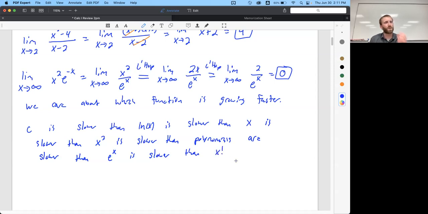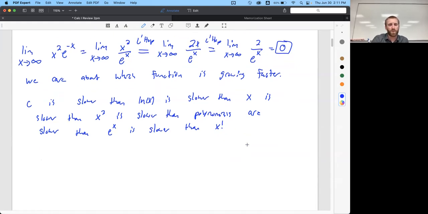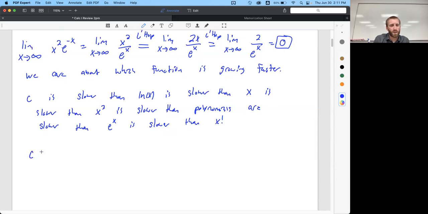If you don't know what factorials are, we'll talk about them later in the course. So this is the progression there. So we have constants, natural log, linear, quadratic, other polynomials, e to the x, and then factorials.